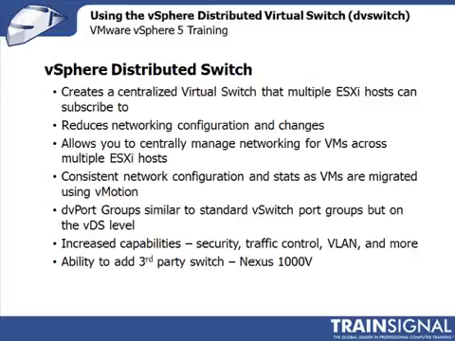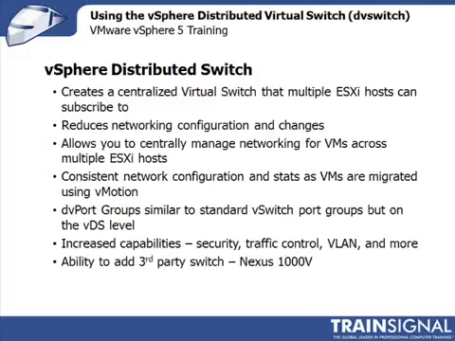Now, the whole idea of virtualization is that we want to make things easier, and as we move towards virtualization in a complete fashion, we want to have the ability to have centralized management. We don't want to have to go to each ESX host to make these configuration changes individually. So what the vNetwork Distributed Switch brings to the table is a centralized virtual switch that can span multiple ESX hosts.